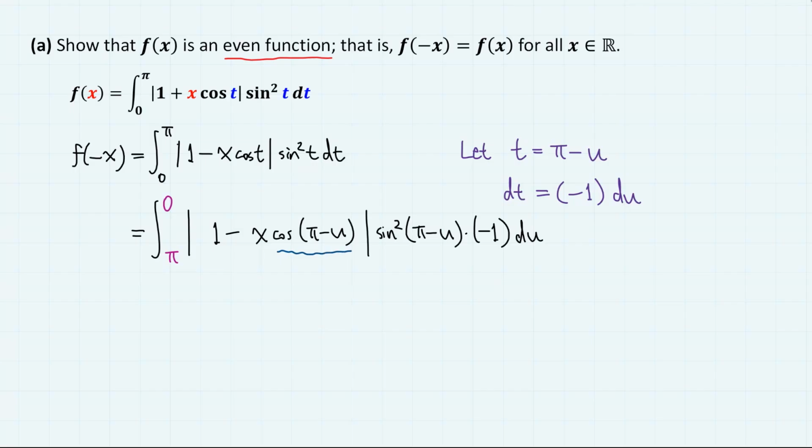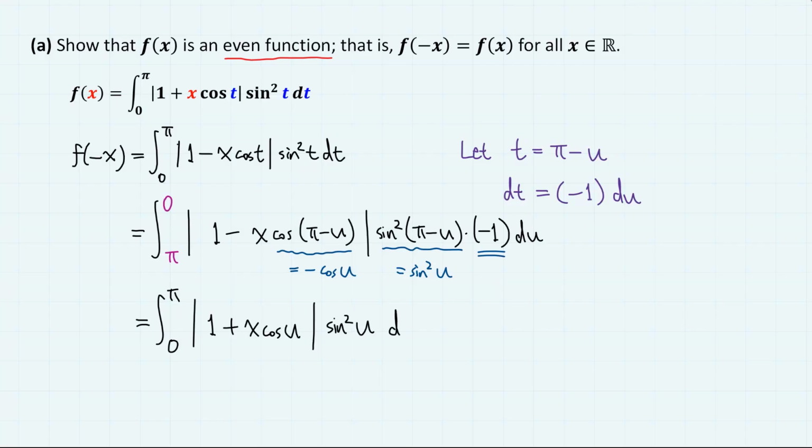Here cosine of pi minus u is equal to minus cosine u, and sine squared of pi minus u is equal to sine squared u. And with this -1, we can change the interval back to 0 to pi. Then we have the absolute value of 1, now plus x cosine u, times sine squared u, du, which is equal to f of x. Therefore, f of x is indeed an even function.